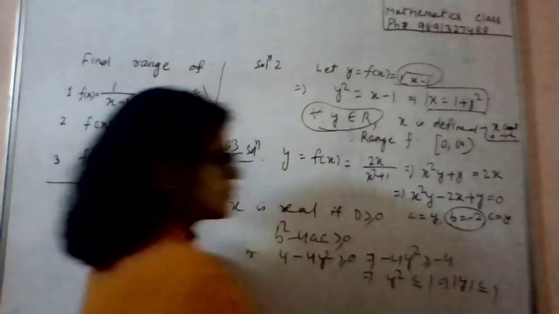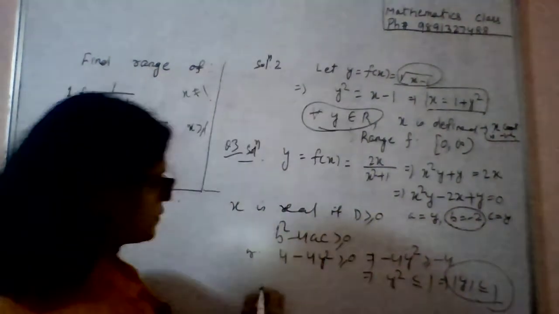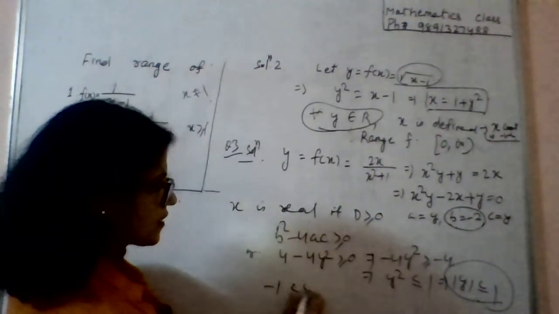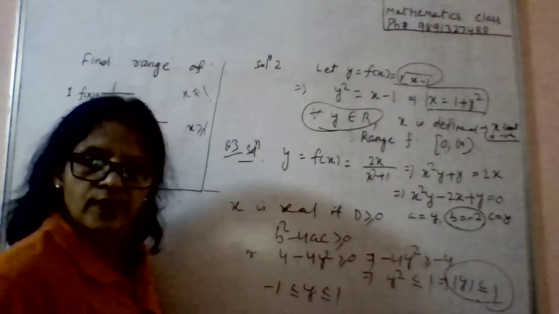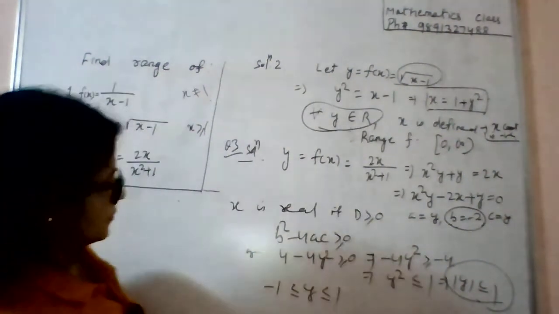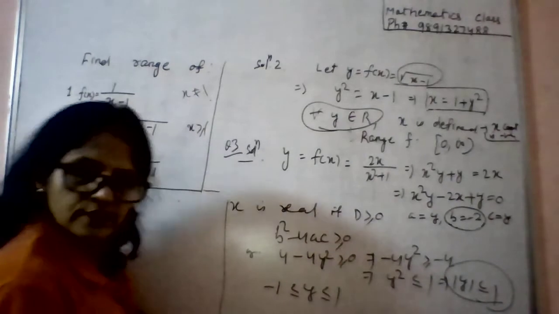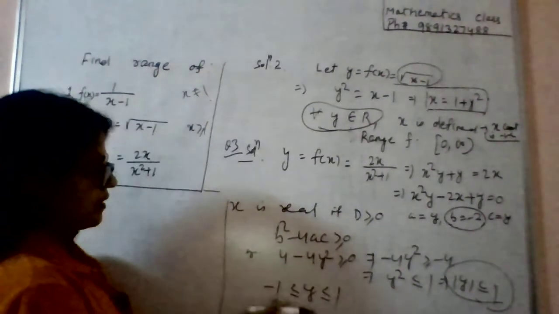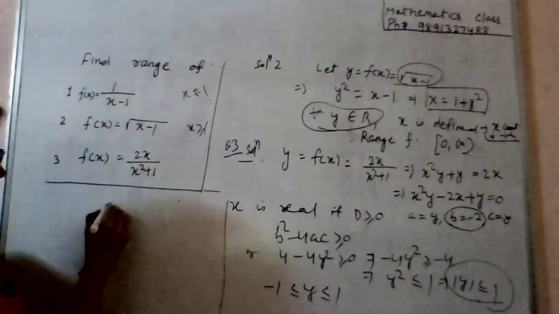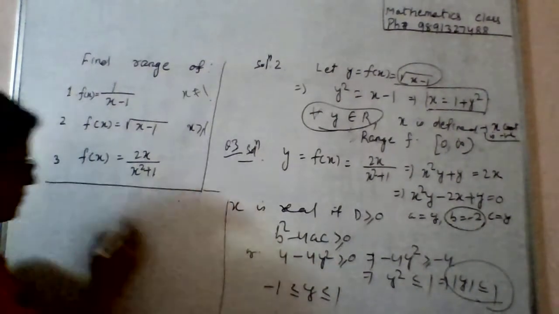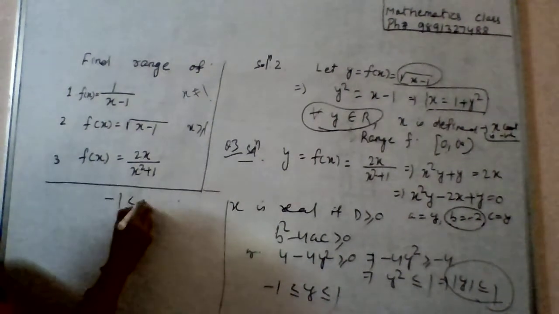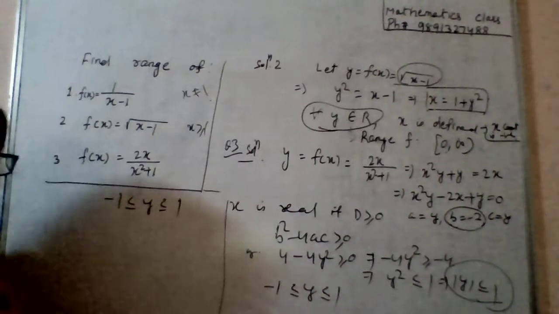So by properties of modulus, we can write here minus 1 less than or equal to y less than or equal to 1. So is it visible there? Yeah. I am writing it again because it may not be visible: minus 1 less than or equal to y less than or equal to 1.